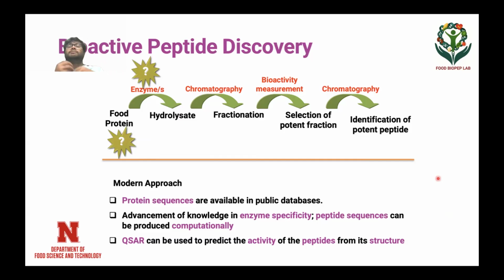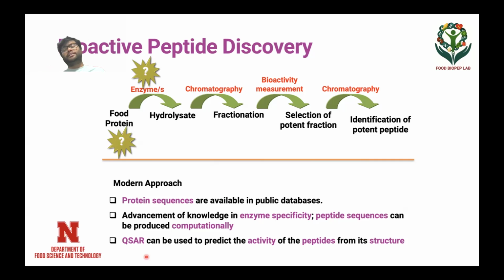If we can simulate the action of an enzyme on that protein sequence, then we can get the theoretical peptides that could be produced by a particular enzyme. And once you know which peptides can be produced from this protein, you can use something called QSAR, which is quantitative structure activity relationship, and predict the activity of the peptides.